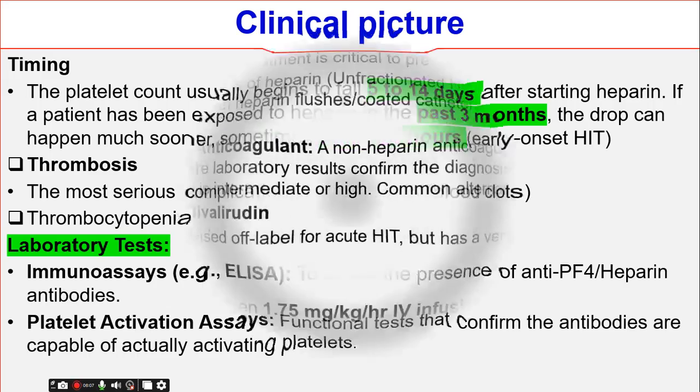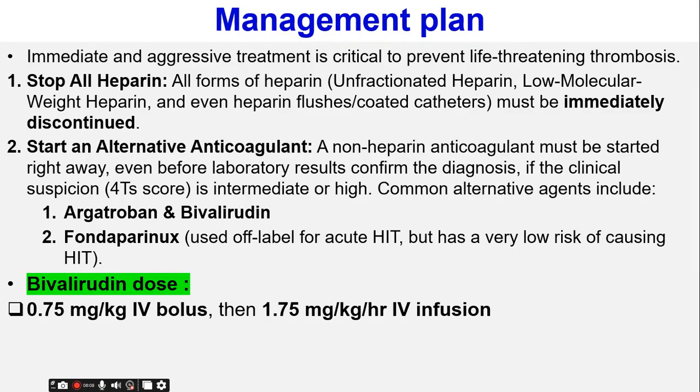When we go to the treatment of HIT, first of all, we should stop all kinds of heparin immediately. Even when we suspect HIT, you should stop all types and all modalities of heparin. This is the first step.